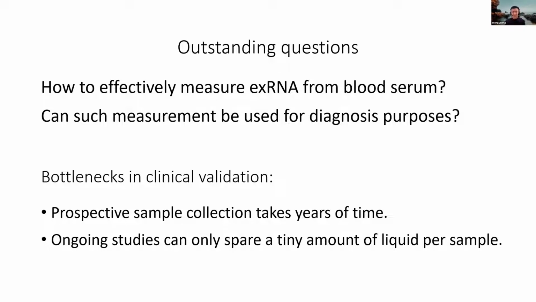That is to say, if you need 10 ml of blood for measurement, you need to take that blood draw from people, and then you need to run a trial. It takes several years. In some of the examples I will show, one of them took 6 years, the other one took 15 years. You need to draw those samples, and you wouldn't be able to validate your new biomarker for the next several years.